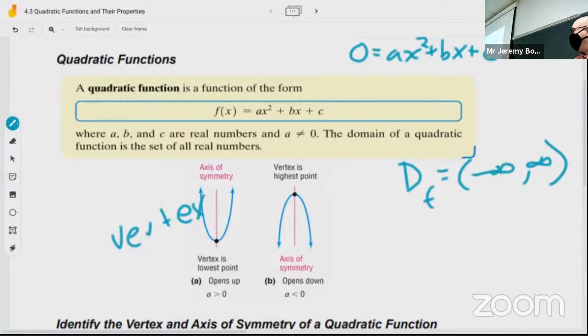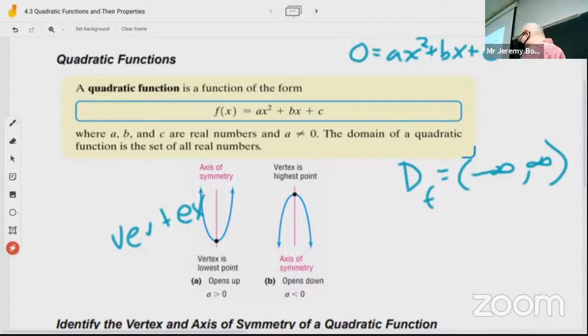And so notice when it opens up, the vertex is what? It's your lowest point, right? It's a minimum. It'll be the absolute minimum. When it opens down, the vertex is on the apex, like a hill. And so that's going to be an absolute maximum.